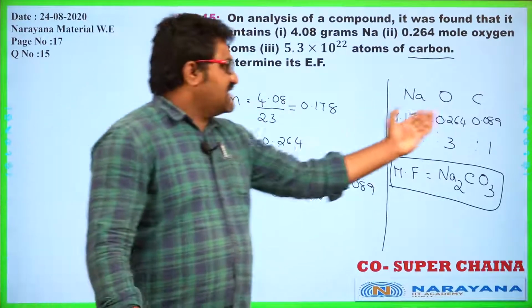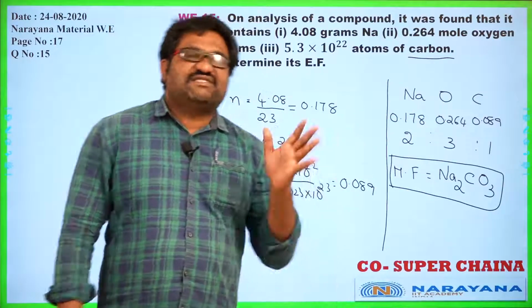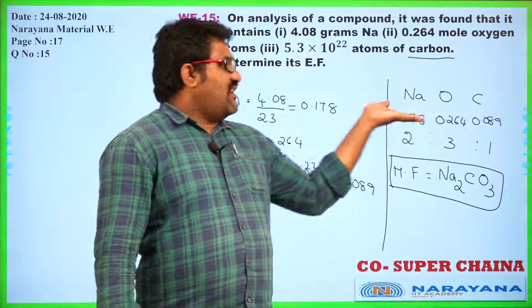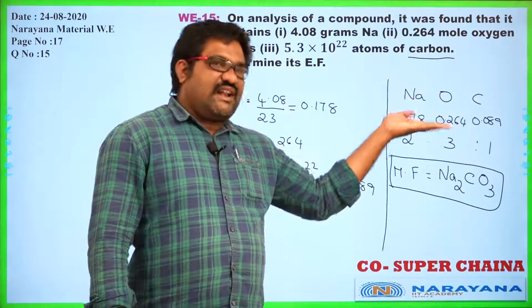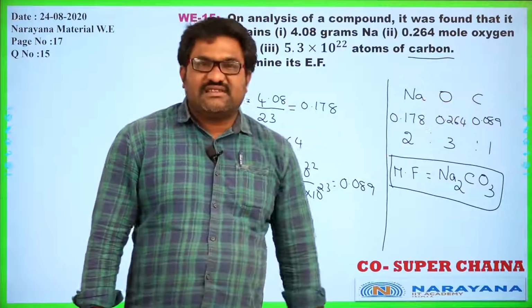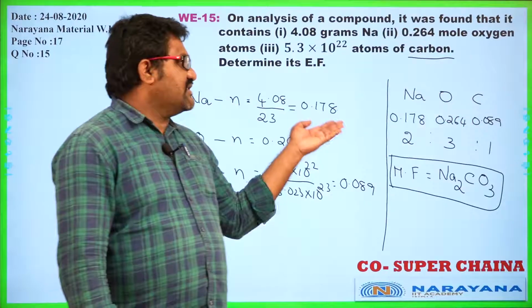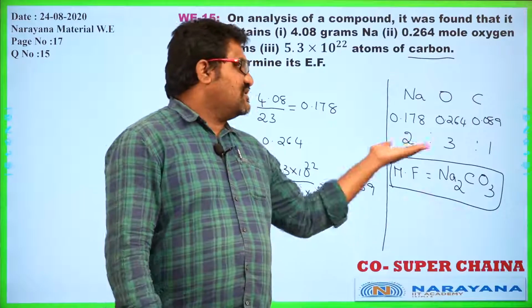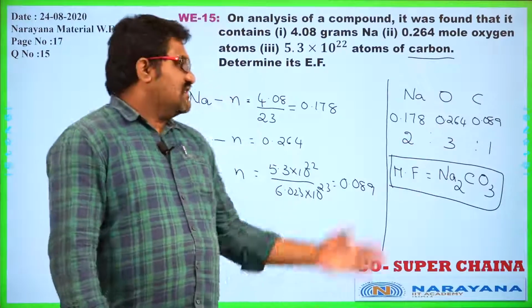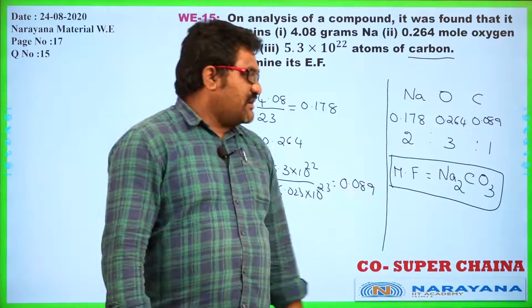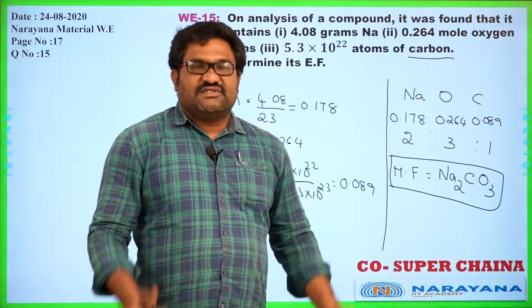Divide each value with the smallest value. Among all the moles of the given atoms, carbon has the least value. By dividing all the values by it, we will get 2:3:1, with Na 2 atoms, carbon 1 and oxygen 3. Thereby the formula becomes Na2CO3.